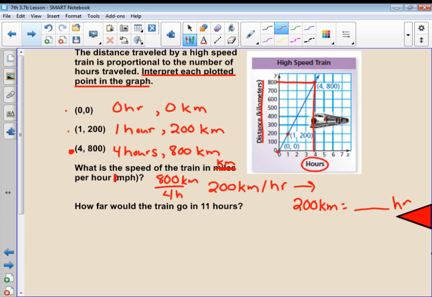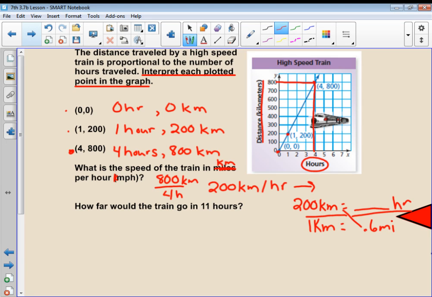So our conversion, pull my book out here really quick out of the back of my book. 1 kilometer is 0.6 miles. So 1 kilometer is 0.6 miles. So now I could set that up as a proportion, cross multiply. So 0.6 times 200.